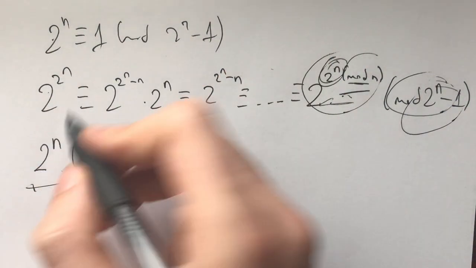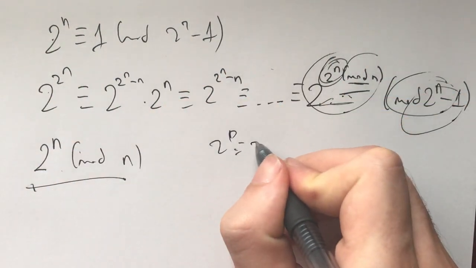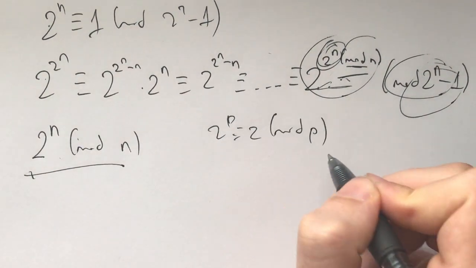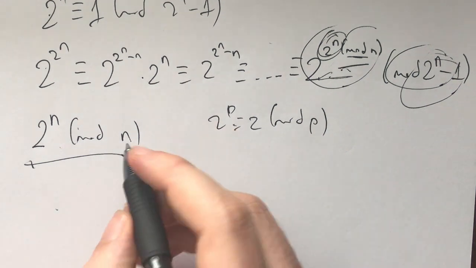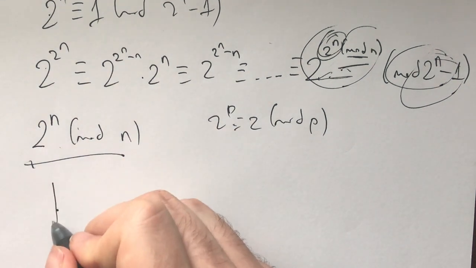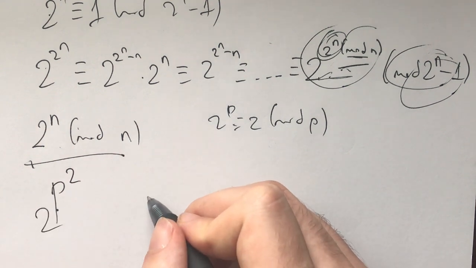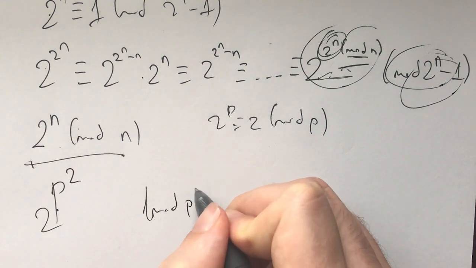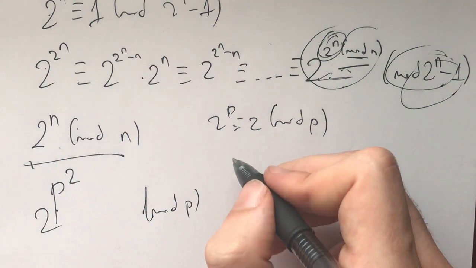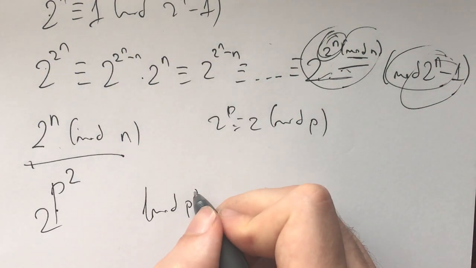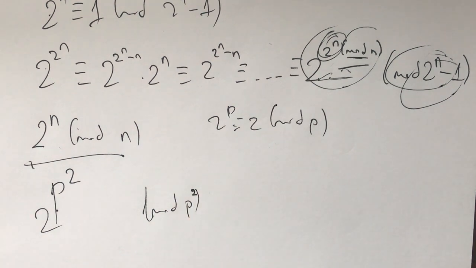For primes, it's also even, because 2 to the p is congruent to 2 modulo p by Fermat's little theorem. So with that, let's look at p squared, and we're looking at 2 to the p squared modulo p squared.